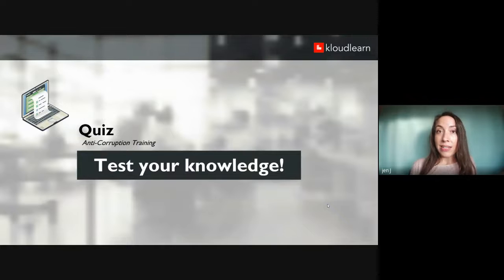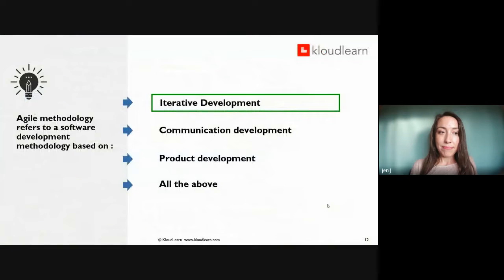Let's take a quiz now to test your knowledge. Agile methodology refers to a software development methodology based on iterative development, communication development, product development, or all of the above. Iterative development.